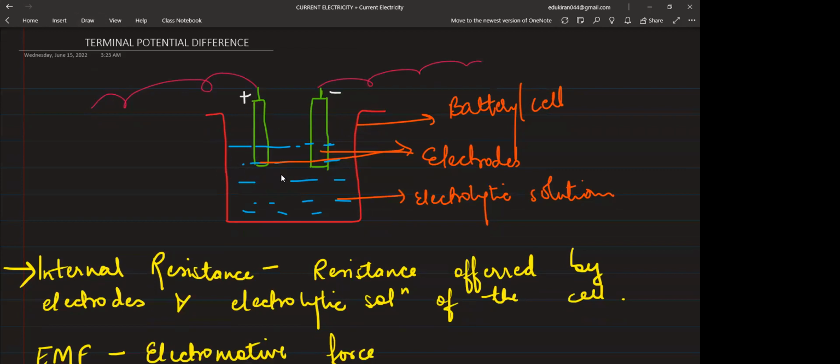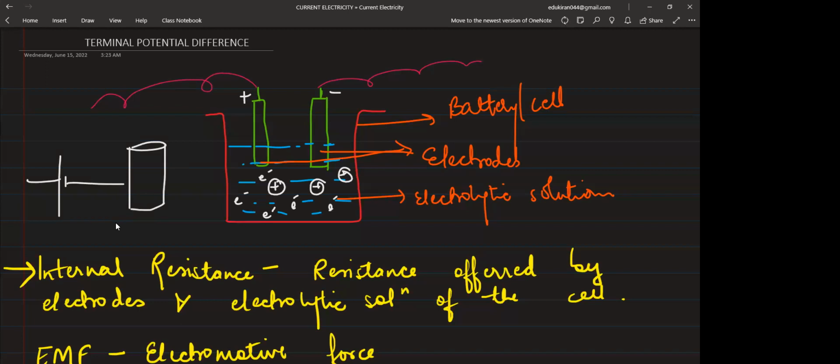So the ions are released within the electrolytic solution. Electrons move within this electrolytic solution, reach the negative part and then go on to the circuit. This occurs within the simple battery which we see. We don't see the inside portion, we just see this part, and in the circuit also, we simply draw it like this.